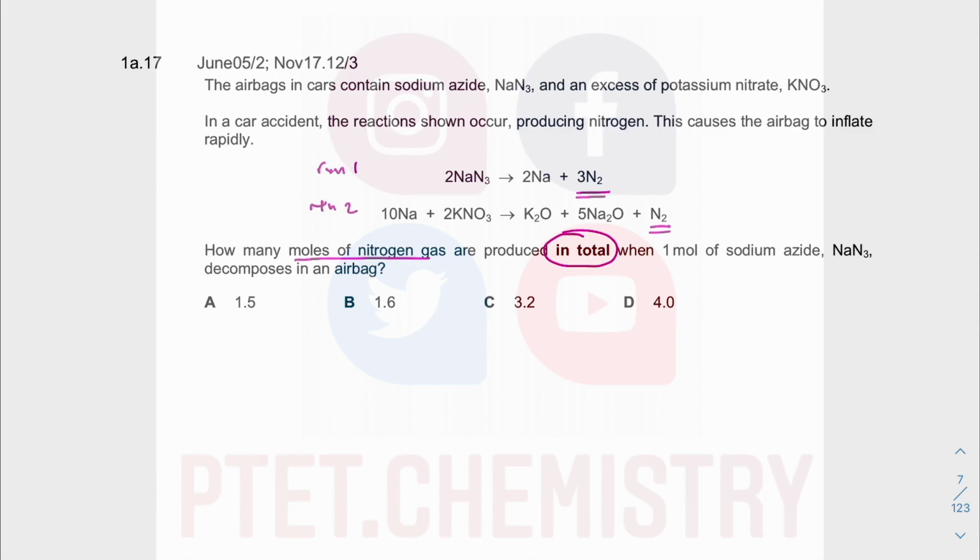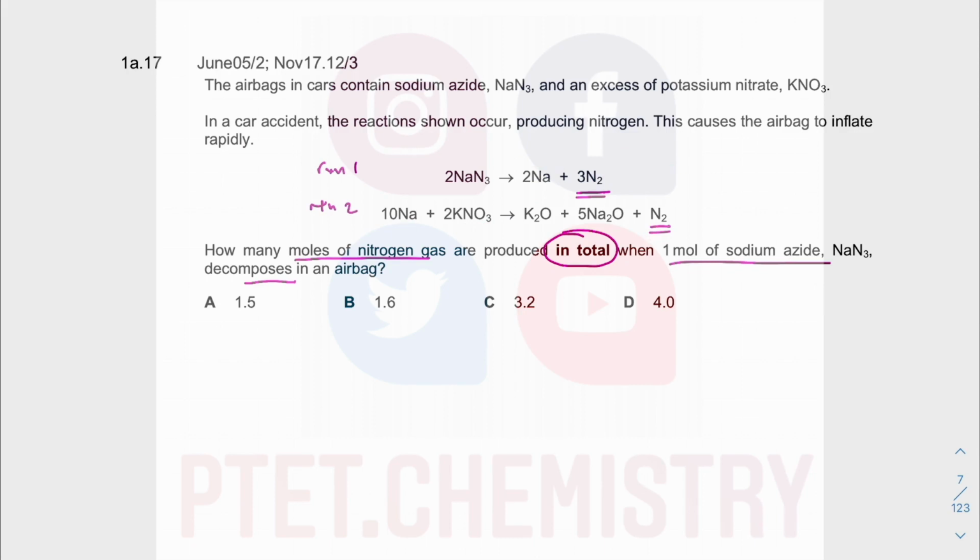So there are two reactions that produce N2, so you have to work out the total mole of nitrogen from the two different reactions when 1 mole of sodium azide decomposes. The sodium azide decomposes to give you sodium and nitrogen gas, but the sodium reacts further with the sodium nitrate to give you even more nitrogen gas, so you need to be careful.